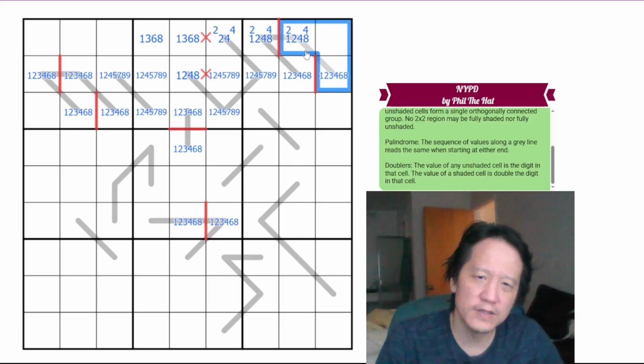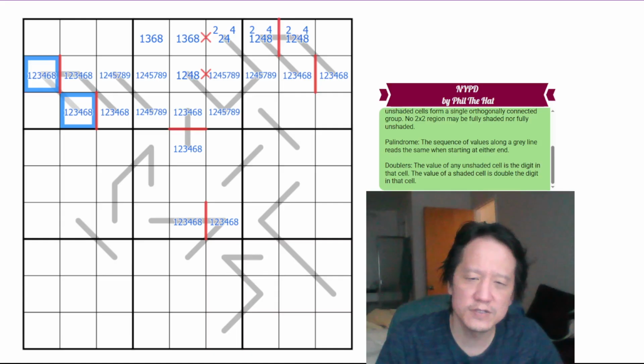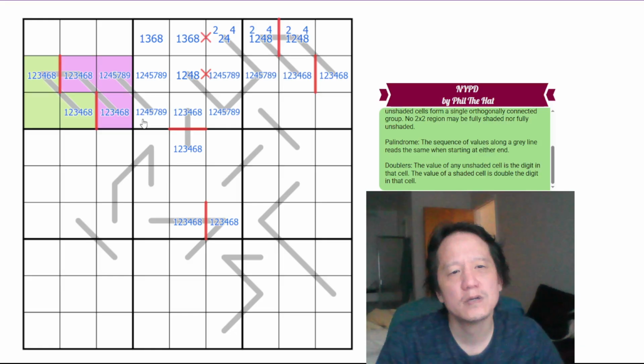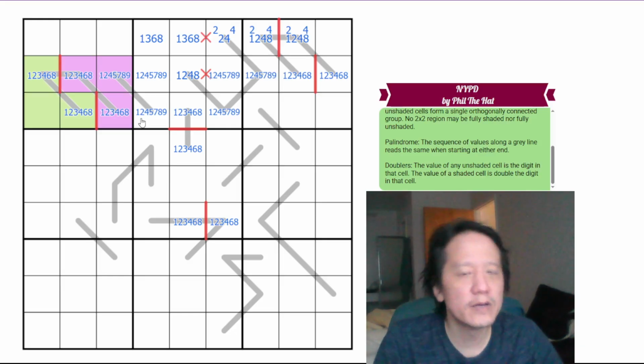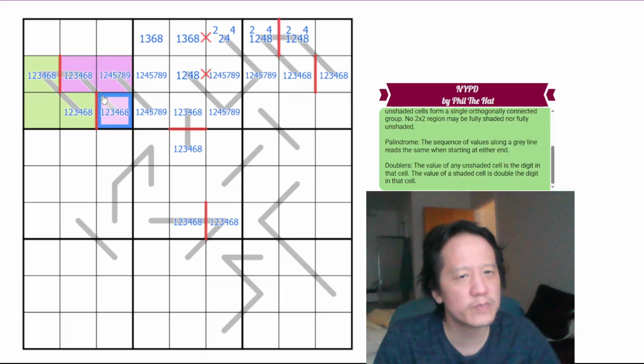Maybe what if they're different shadings? Or say these were the same shading. If this is the same shading, then this has to be the same shading, guaranteed. So this must be green, this must be pink. That means we don't necessarily have a guarantee this is the same shading because we don't know if these are the same.